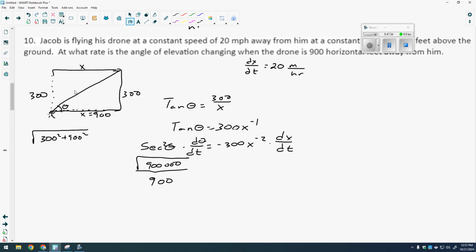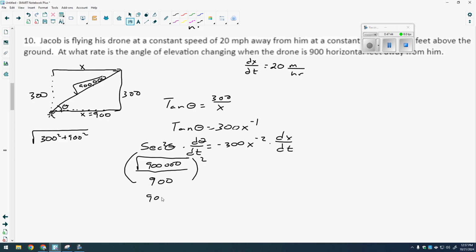So this over here is the square root of 900,000, and secant is hypotenuse over adjacent. Normally it's cosine, which is adjacent over hypotenuse, but it's secant, so it's hypotenuse over adjacent. And then we are squaring that.